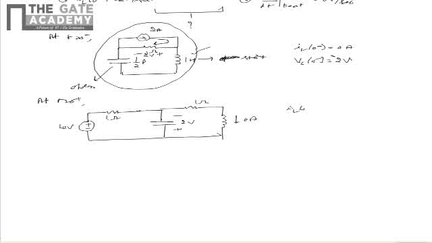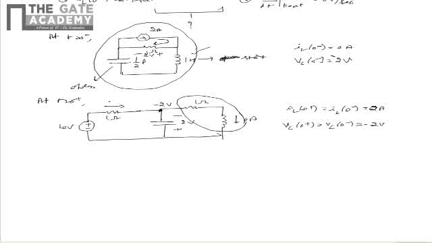This is due to the reason that as the inductor does not allow abrupt change in current, IL of 0 plus is equal to IL of 0 minus is equal to 0 ampere, and also as the capacitor does not allow abrupt change in voltage, Vc of 0 plus is equal to Vc of 0 minus is equal to minus 2 volts. From this we can say that as the 1 ohm resistor and 1 Henry inductor do not carry any current, the polarity at the point marked is minus 2 volts.